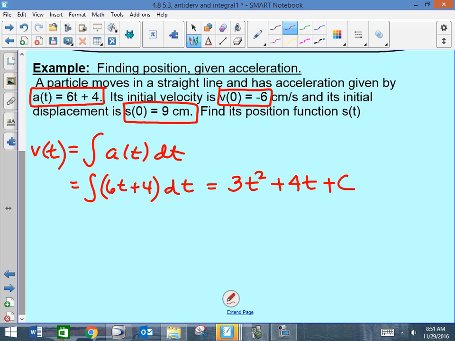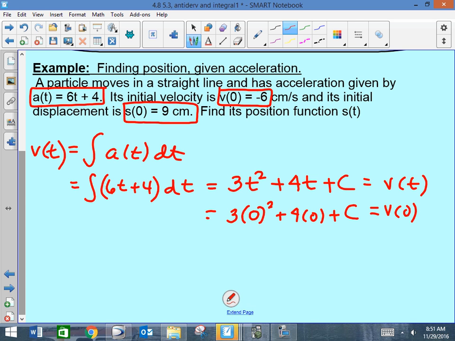Good job. That's the antiderivative. All right, now what should we do, Sarah? We should do the v of 0 equals -6 centimeters per second, so that means put in 0 for t. Good.